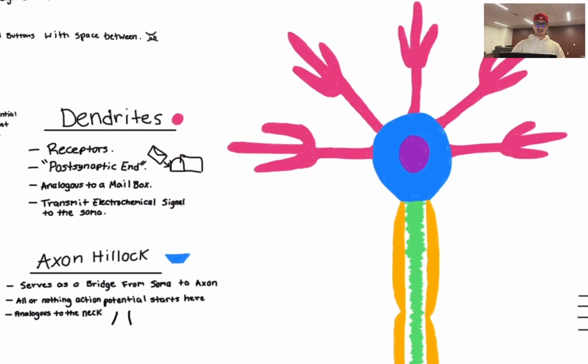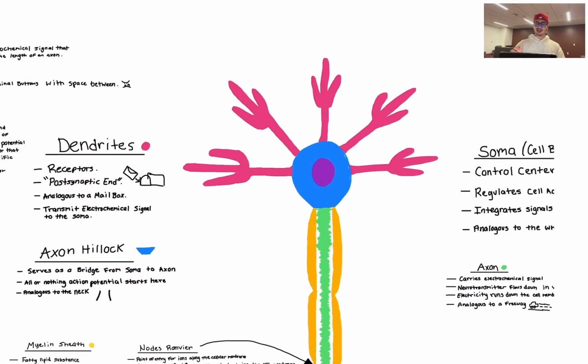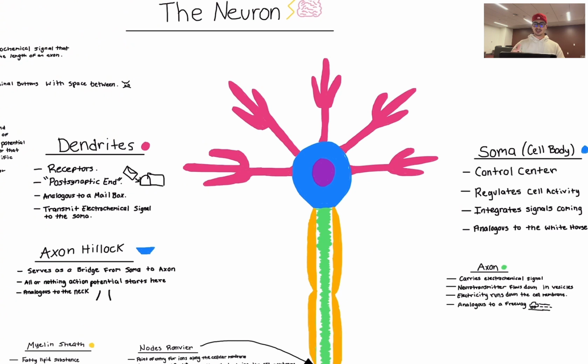So coming from the terminal buttons, which are the presynaptic end, I'm going to teach you about the dendrites, which are here in pink, right? You can see they have this long, elaborate, branch-like structure, for good reason too, because if you're receiving something, you want to be wide and gather more information. The structure of dendrites actually differs depending on where the cell is located and the cell's function.